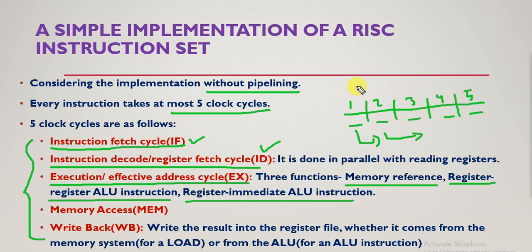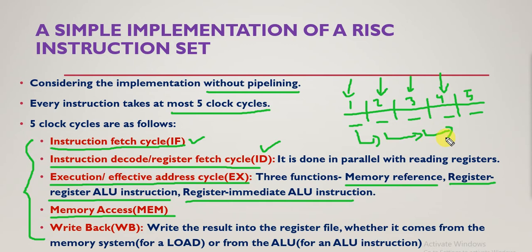So in the first cycle, instruction fetch, then decode, then execute. Then in the fourth cycle, it will have the memory access. If the ALU execution requires some data to be taken from memory, it will go to the next step, that is memory access.